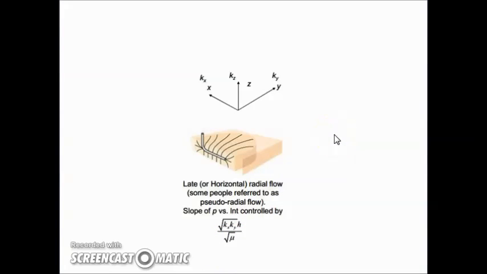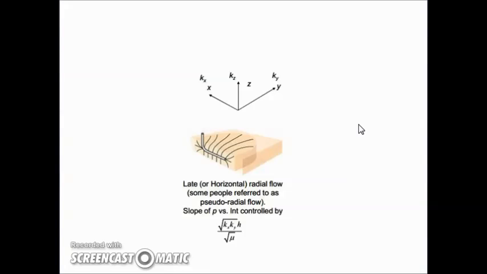For a horizontal well, early radial flow is governed by the geometric mean of horizontal and vertical permeability. But for late radial flow, it is governed by the horizontal permeability only.